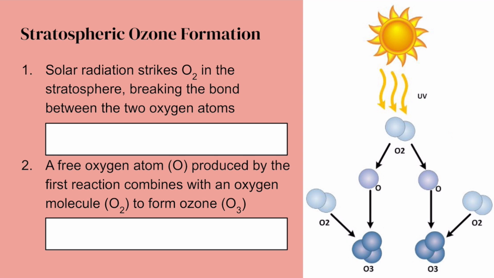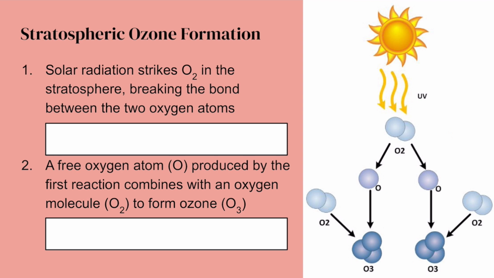In general, oxygen makes up around 21% of the stratosphere, and that oxygen exists in the stratosphere as either free oxygen, so that's just a single oxygen atom, or as molecular oxygen, which is this right here, O2. So 2 bonded atoms of oxygen. In order to make ozone, which is a molecule made up of 3 oxygen atoms, we need some input of solar radiation.